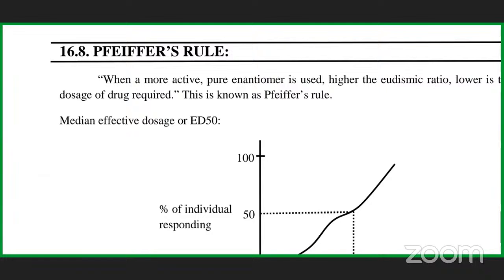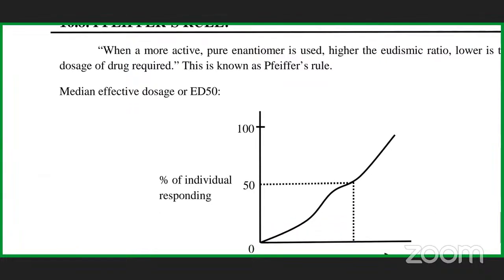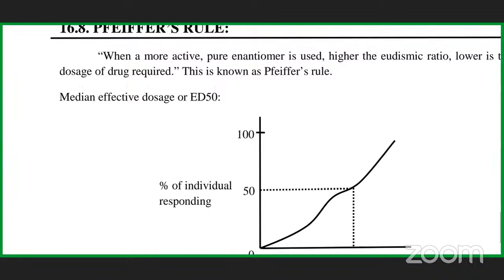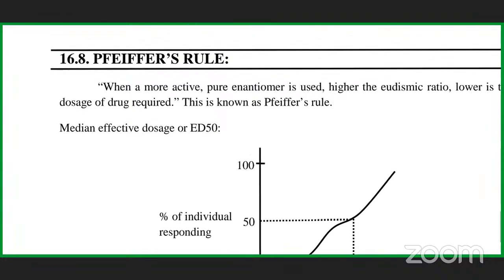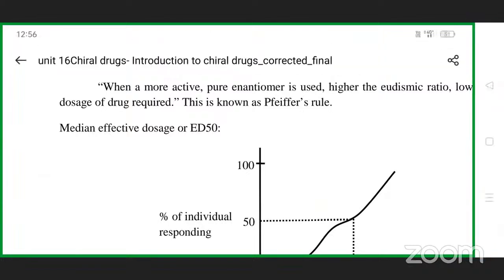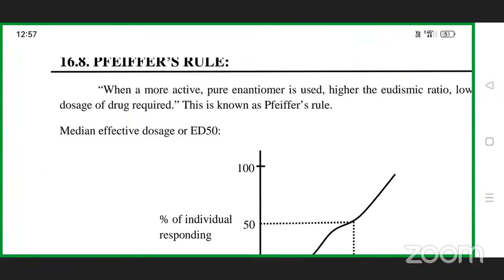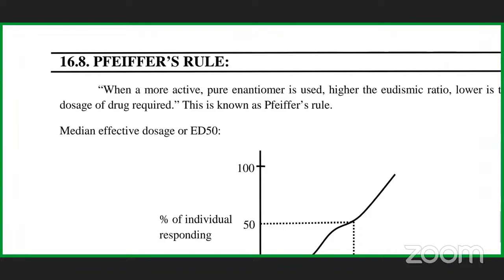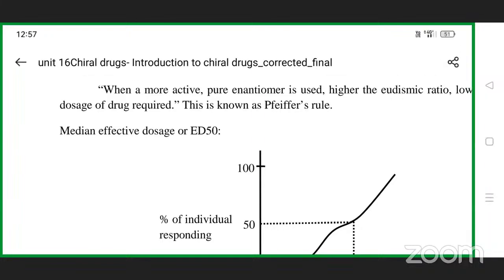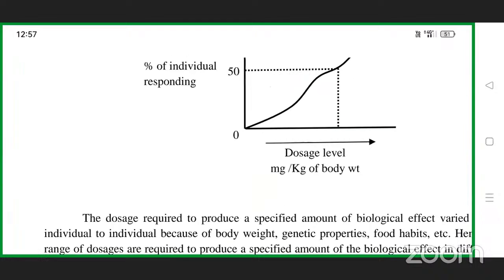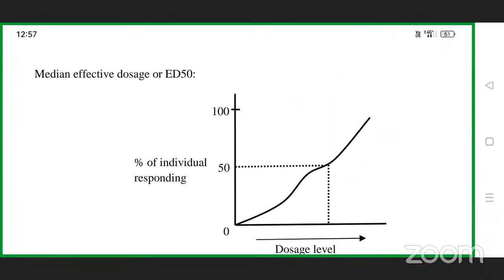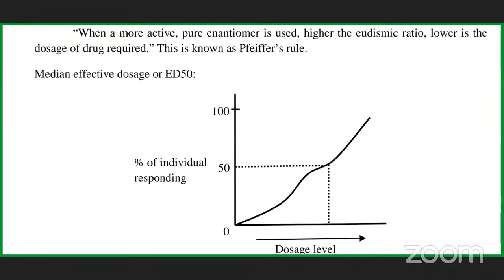For all of them the dose will be different, and the dose deciding is based on Pfeiffer's rule. Generally, when the eudismic ratio is more, the drug activity is more, and then it requires lower doses. Here you can see the median effective dose or ED50.